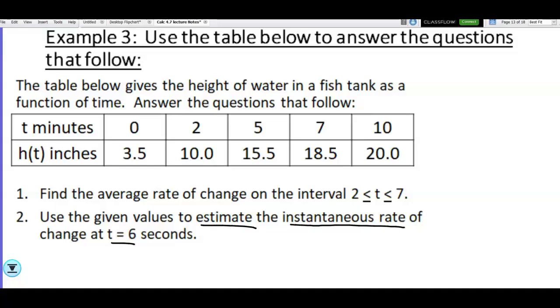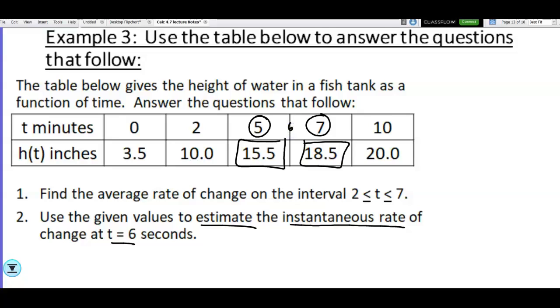I want to find the 2 time values in this table that are closest to 6, and that would be 5 and 7. If I can find the average rate of change from 5 to 7, then that will be the closest slope I can get to the instantaneous rate of change, which is somewhere in the middle here at 6.